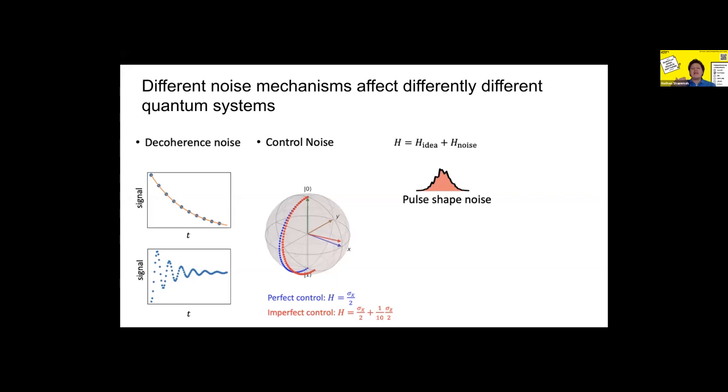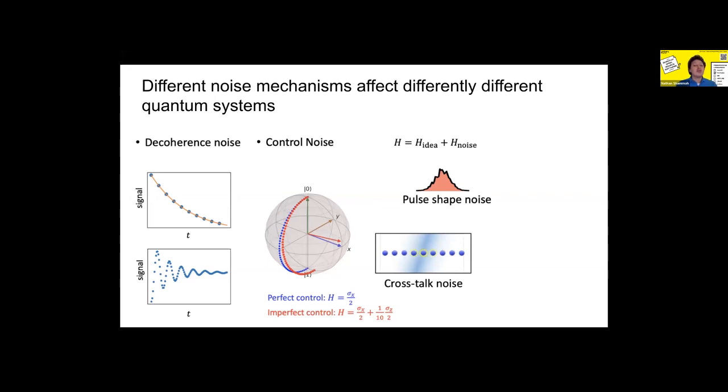There can also be pulse-shape noise. This pulse can physically be very different depending on the kind of quantum processing unit one is interacting with. But the main idea, again, is that there is an ideal Hamiltonian and then there is a noisy Hamiltonian.